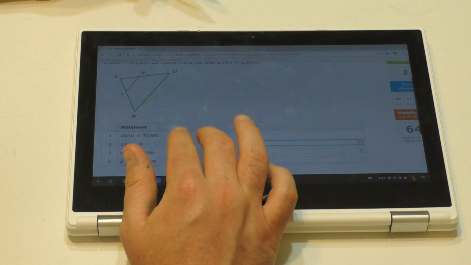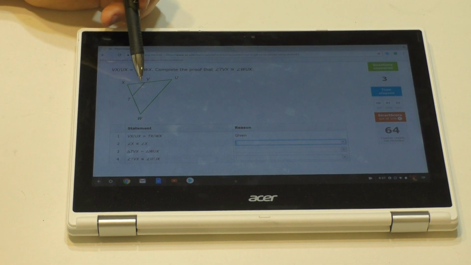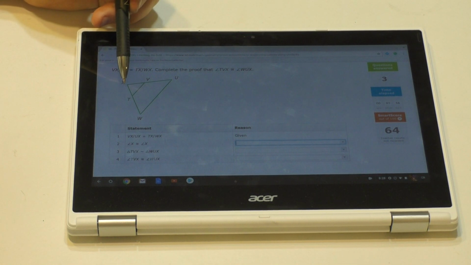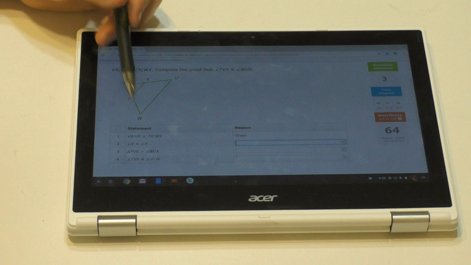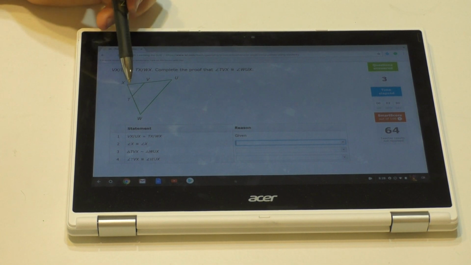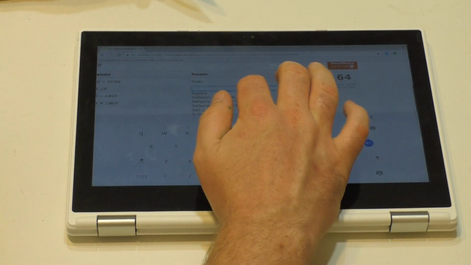We have VX and UX have the same proportion as XT and YT, or yeah, WX, sorry, right there. So we've got proportional sides. Oh look, X is equal to X, that's reflexive, because they're the same.